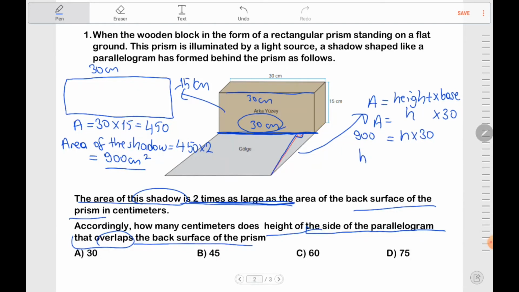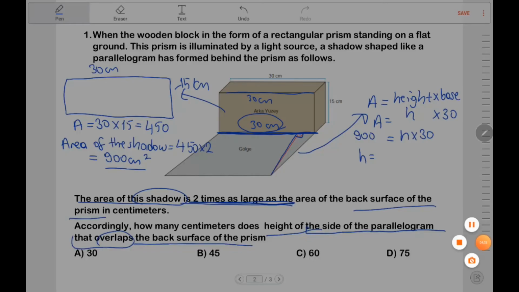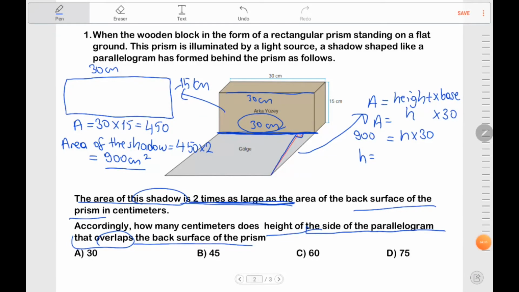So height is 900 divided by 30, which is equal to 30. So the answer is 30.